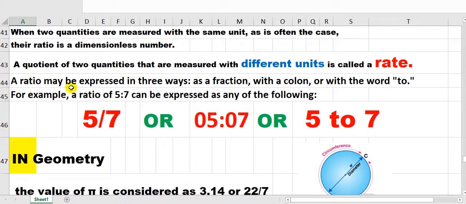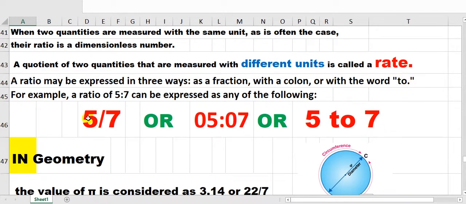The ratio may be expressed in three ways or three formats: in fraction, or with a colon, which is two dots over each other, or with the word "to" between the numbers.